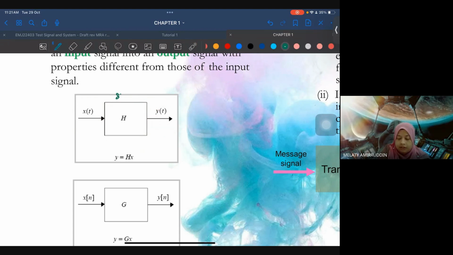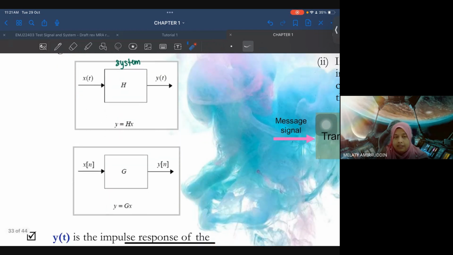The symbol we use is H, but that is just the symbol. If I want to put another formula, it also can. Because of t, it is CT, continuous time. Because of n here, it is DT.